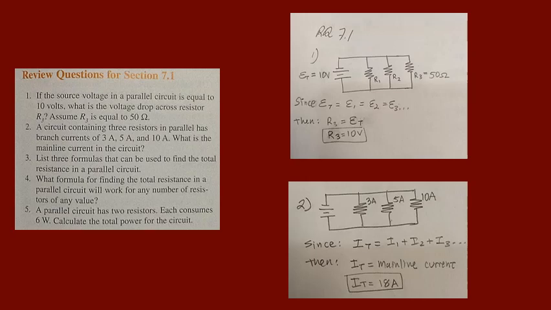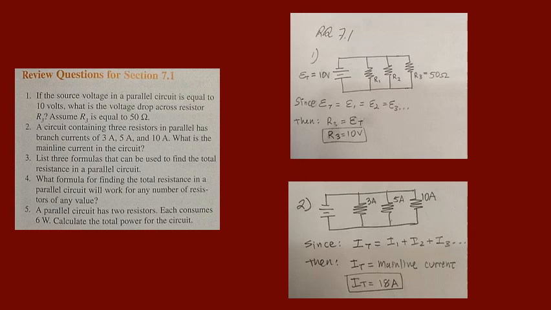Question number 2, a circuit containing 3 resistors in parallel has branch currents of 3 amps, 5 amps, and 10 amps. What is the main line current in the circuit? Remember, the main line current is the total current.